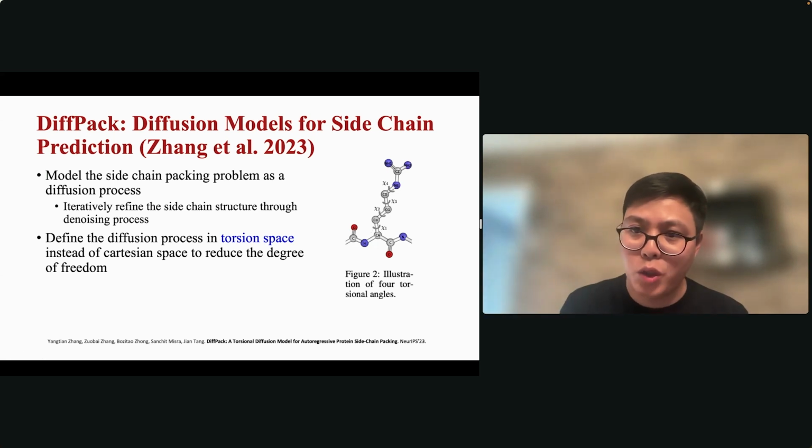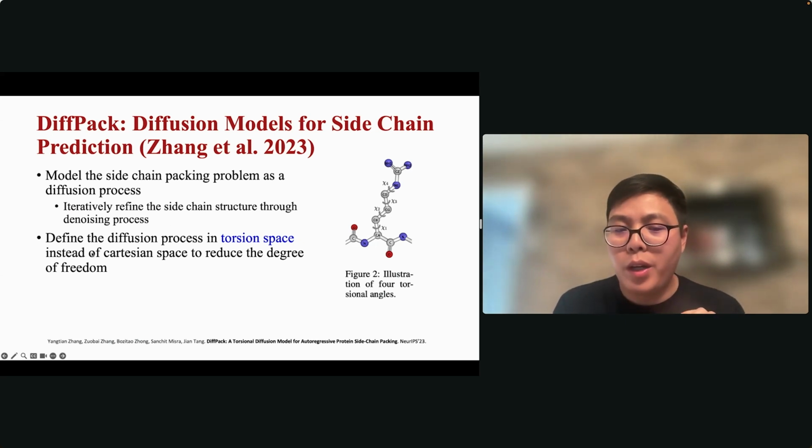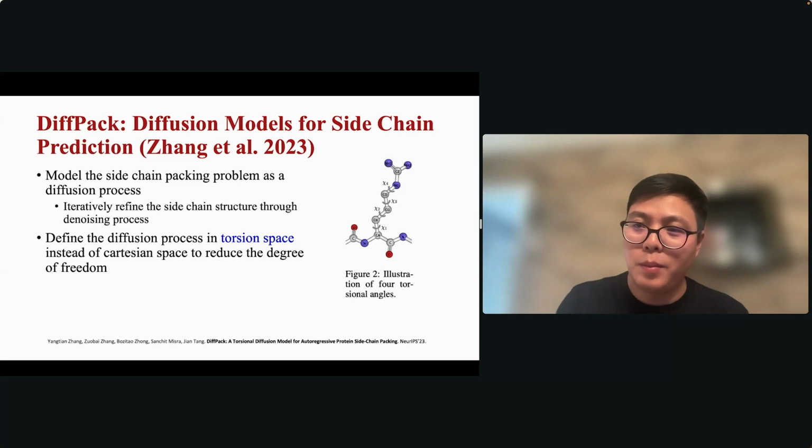It's actually mainly controlled by the 4 torsion angles. And that's why in this work, we didn't do diffusion in the Cartesian space. Instead, we propose a diffusion model in the torsion space. So that's the main idea of this work. I'm not going to the details.